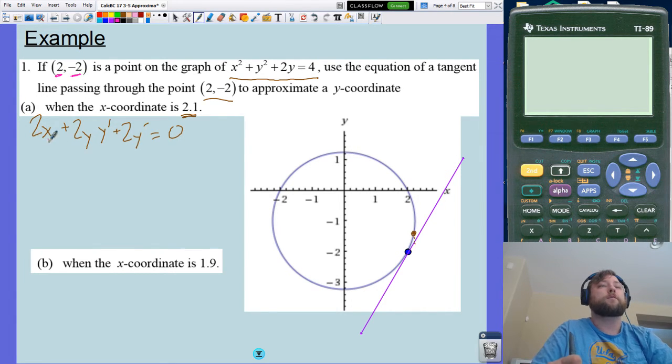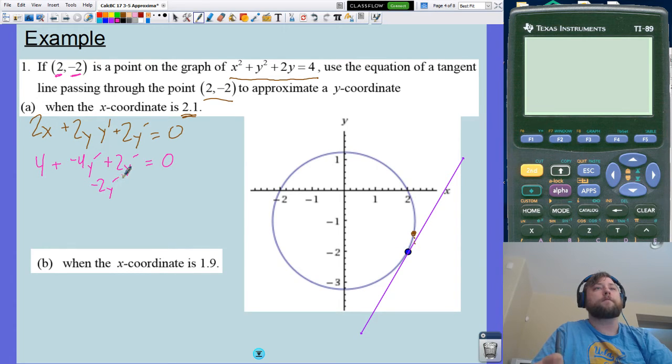So 2 times 2 is 4, plus 2 times -2 is -4 y prime, plus 2 y prime equals 0. Combining like terms, that's -2 y prime. Moving the 4 to the other side, equals -4. So y prime equals -4 over -2, which is +2. So my slope, y prime, is 2.